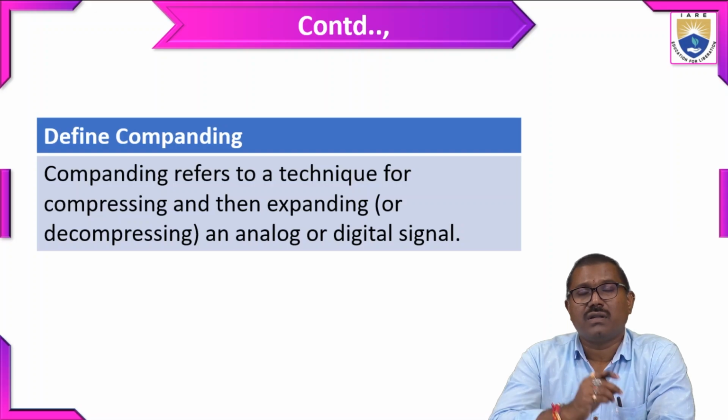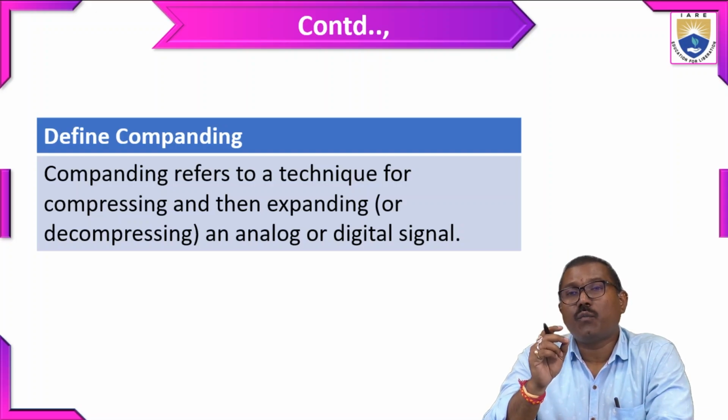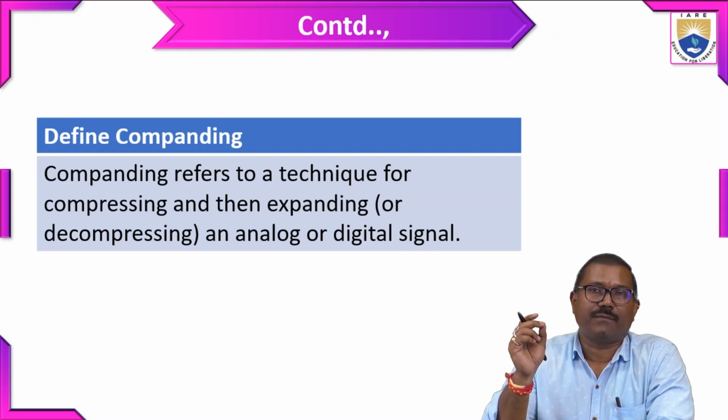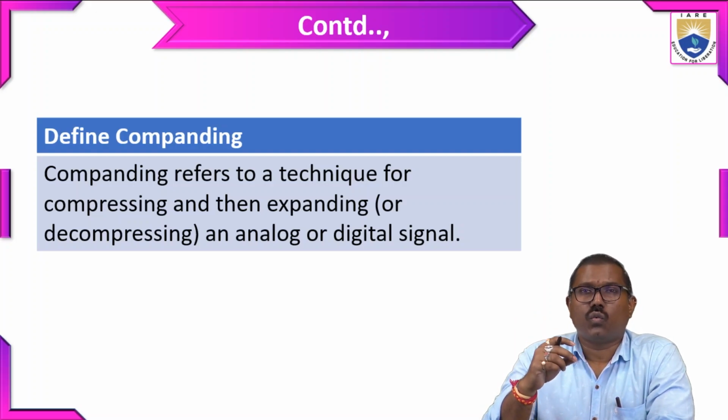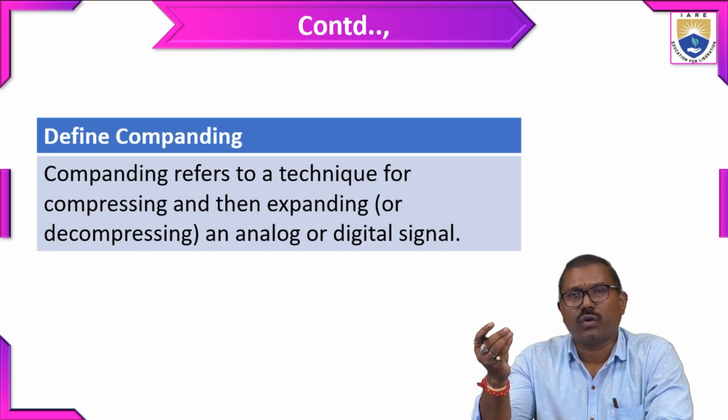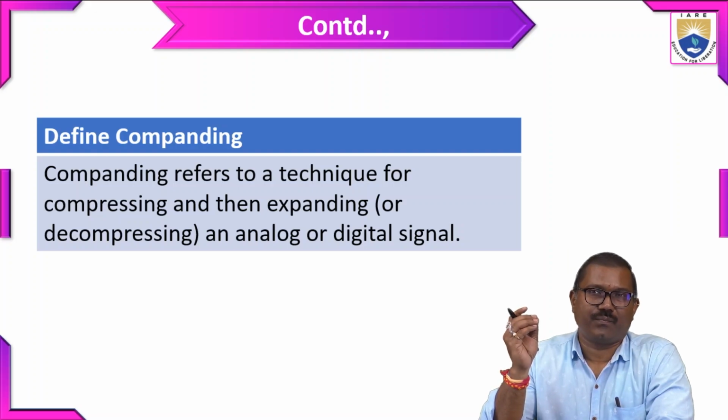But non-uniform quantization is not available practically. So we convert it to another process, that is uniform quantization. Before going to uniform quantization, we compress the signal.